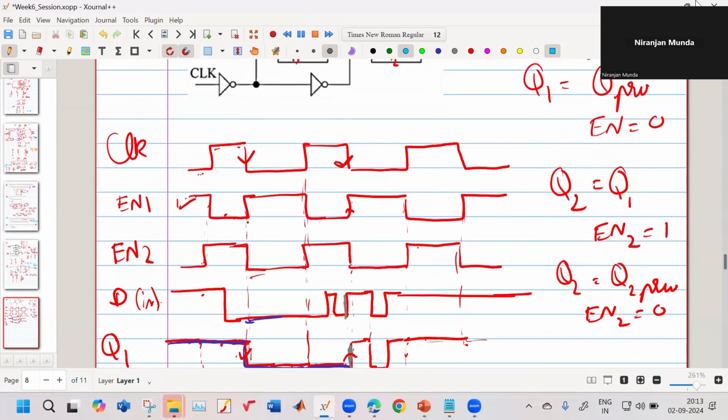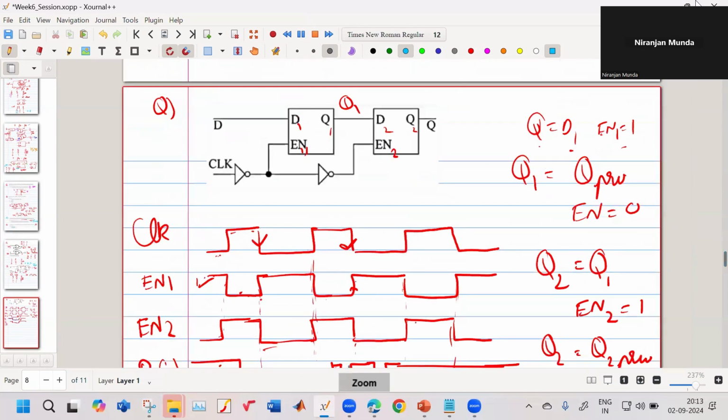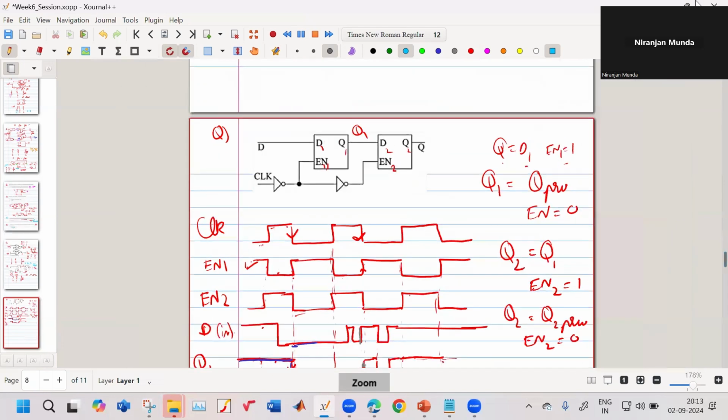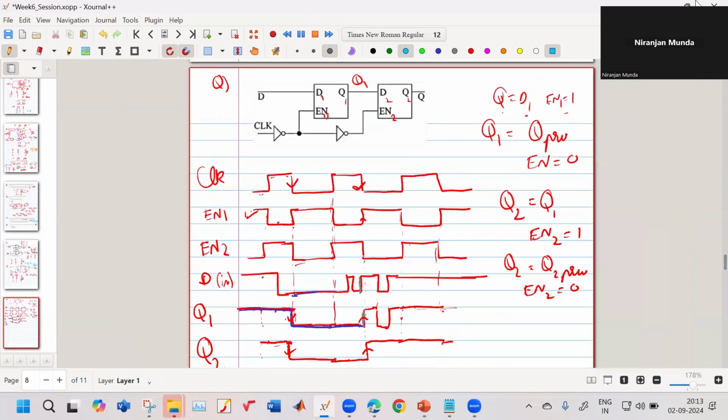So now we have considered that there's an enable 1 signal which is complementary to my clock. There's an enable 2 signal as well, which is in phase with my clock. Then my D is my input, which is changing with time. When my enable 1 is high, then only my Q1 is the same as my D. But when my enable 1 is low, it will hold on to the previous value.